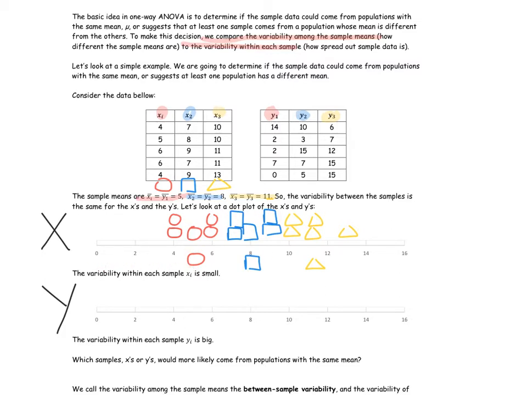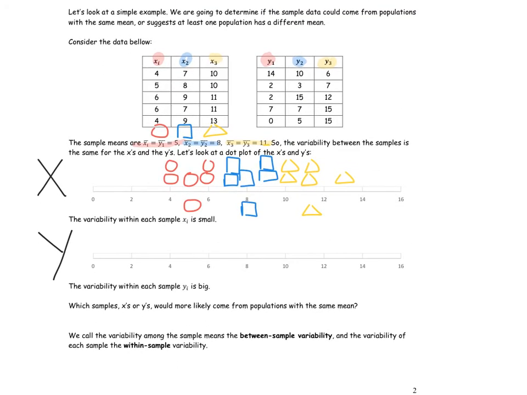Let's repeat the same process with the Y. Okay, so Y1, we will use red circles again. And we have 14, 2 2s, a 7, and a 0. Let's do some blue squares for Y2.